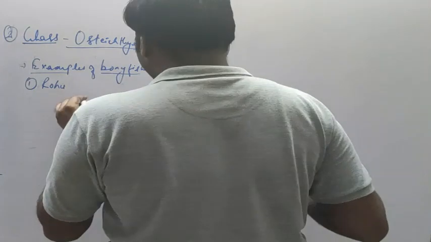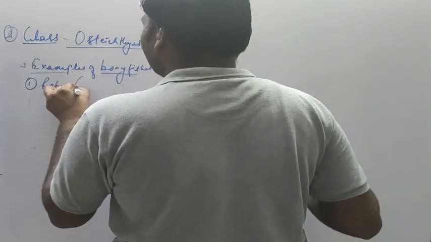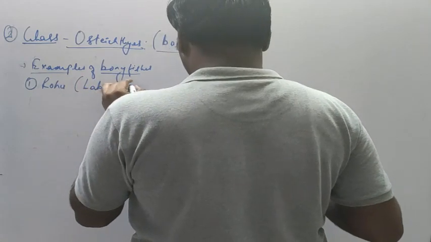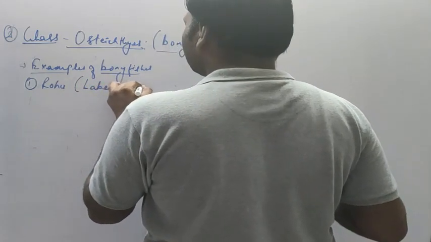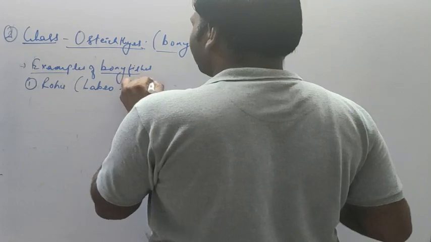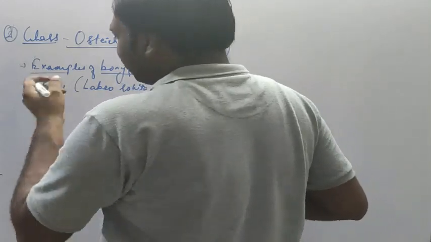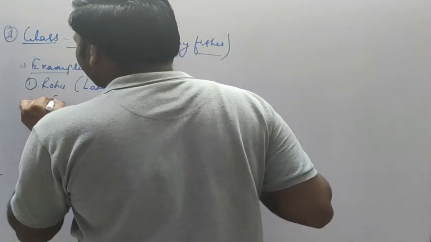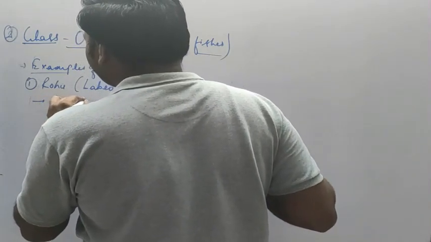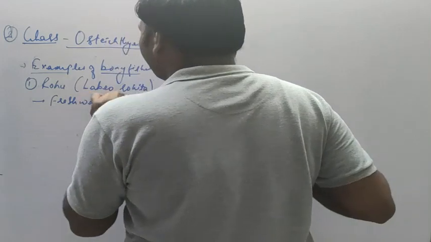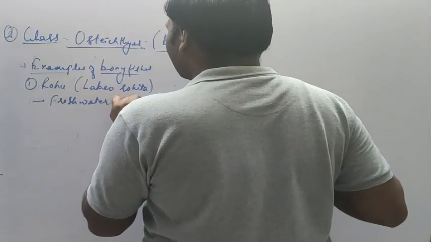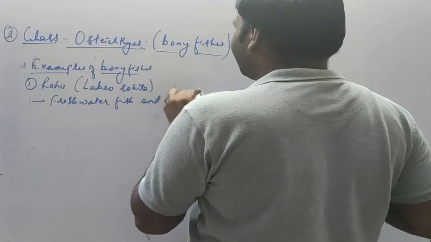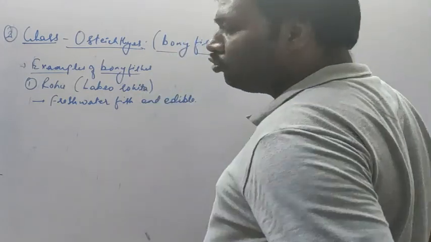The scientific name of the rohu is Labeo rohita, and the common name is rohu. It is a freshwater fish and edible. So we can eat this fish, that is rohu.